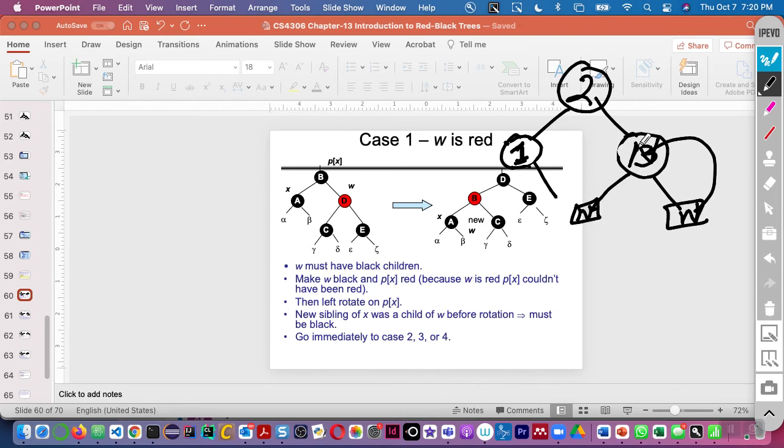This will be null. Now, is it a BST now? Is it a red black tree now? So then now it becomes 2 and 1. Is it a red black tree now?